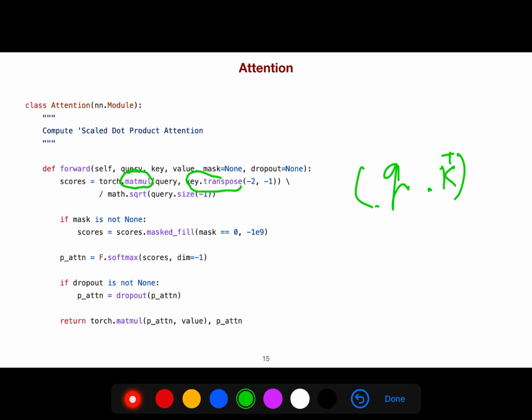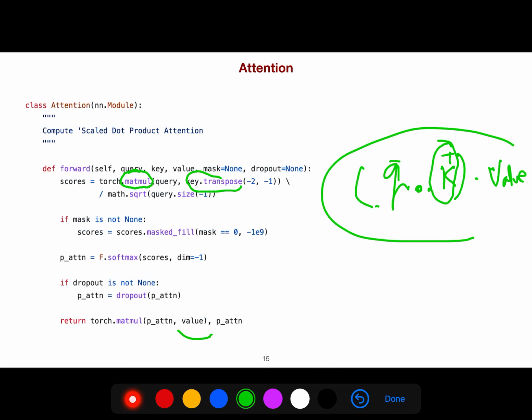And then you should matmul with the value as well. So this is the implementation of attention.